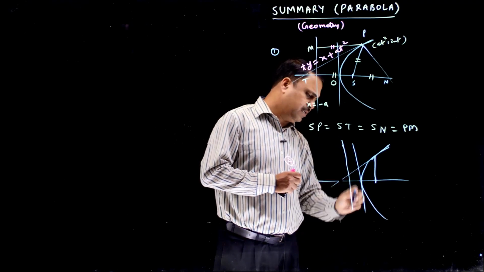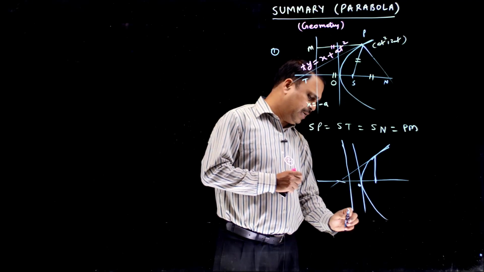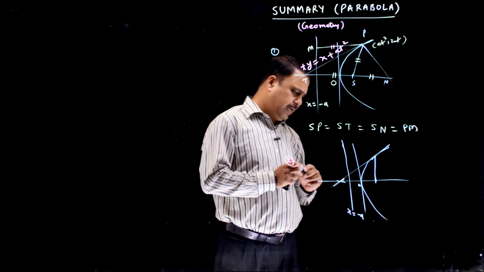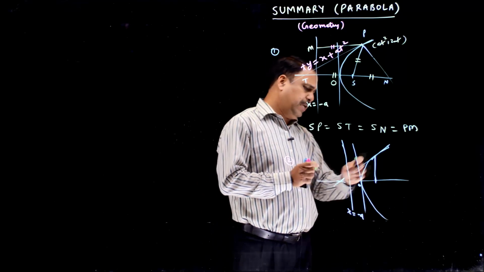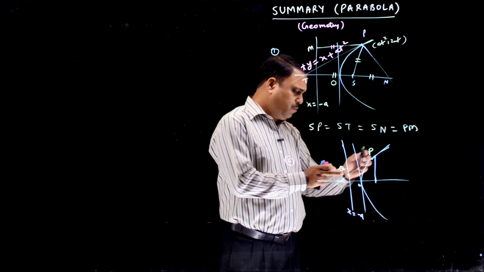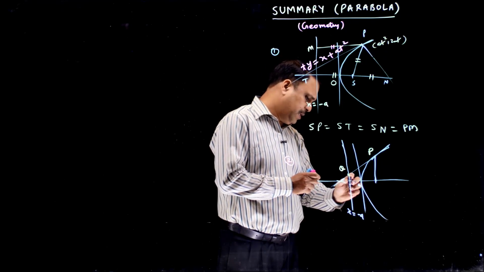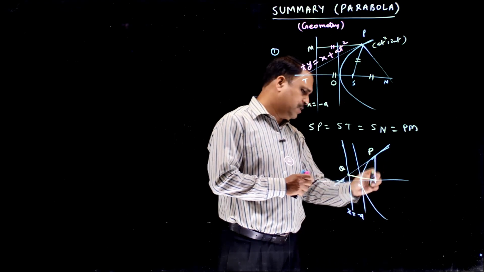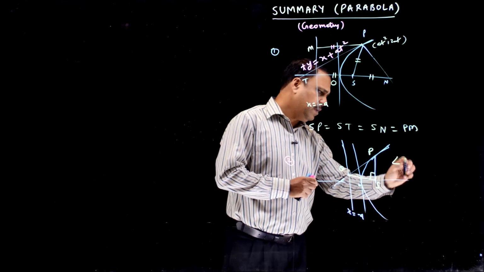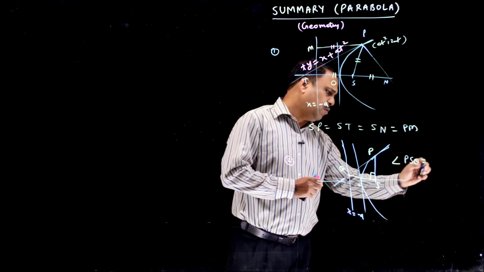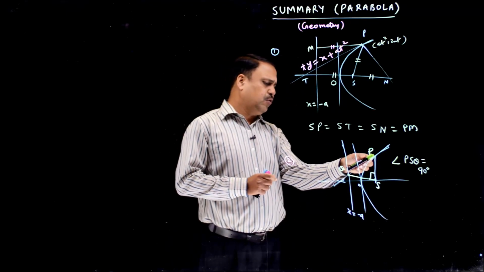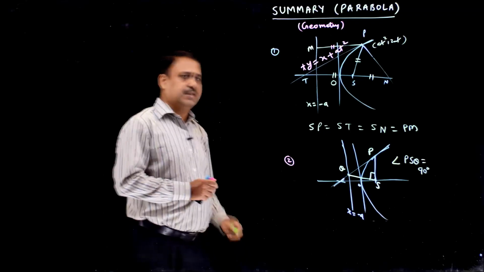Let this be the directrix. This is 0. This line is x is equal to minus a. So this portion will subtend a right angle. This is P and this is Q. The portion of the tangent between directrix and point of contact will subtend a right angle at the focus. So this will be a 90-degree angle. That means angle PSQ is always 90 degrees.